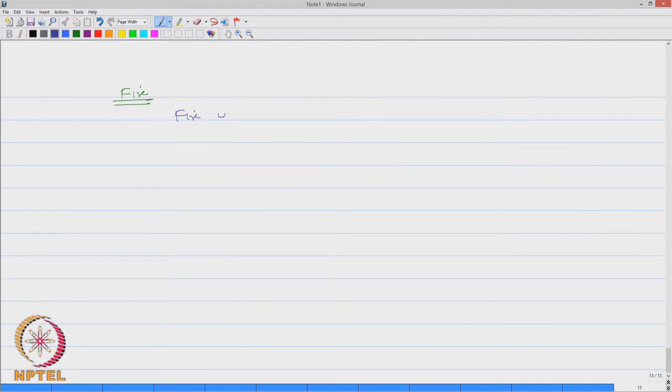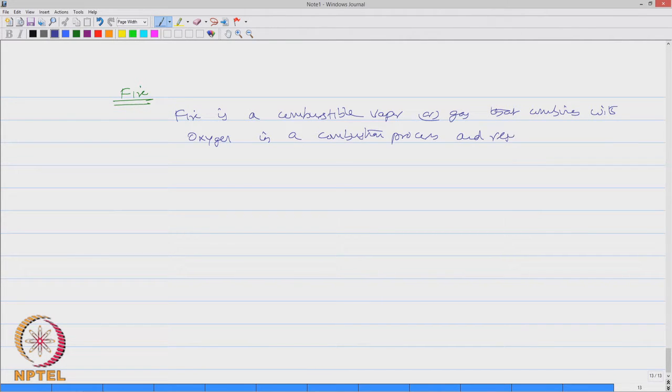Fire is actually a combustible vapor or gas that combines with oxygen in the combustion process, and results in the following.